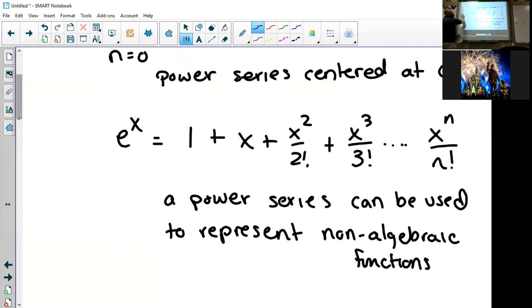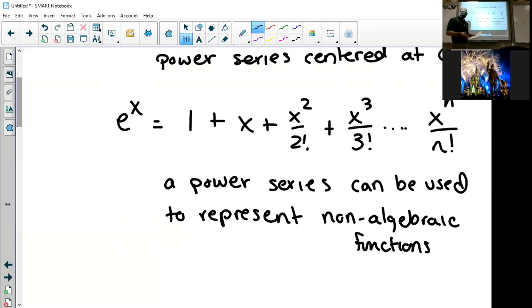Now, wherever the center is, that's where it's exactly the value of that function. When you plug in that number, you're going to get the same value as if you were to plug it into your function.